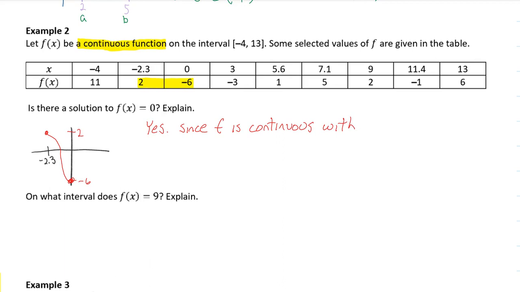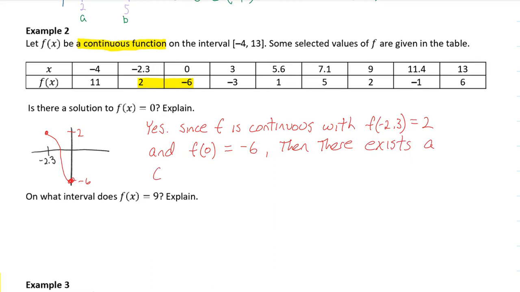So, since f is continuous with f of -2.3 equal to 2, there's my value above, and f of 0 equal to -6, that's my value below, then there exists a c in the interval from -2.3 to 0, such that f of c equals 0.